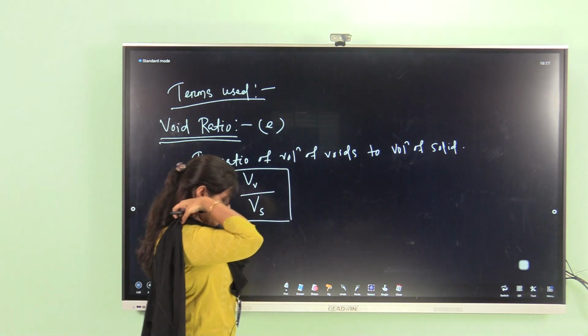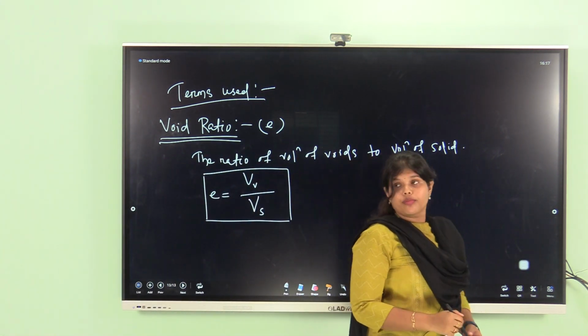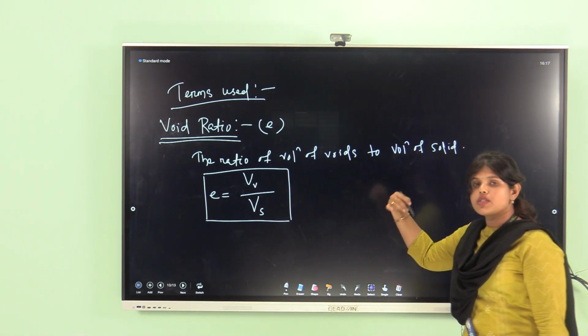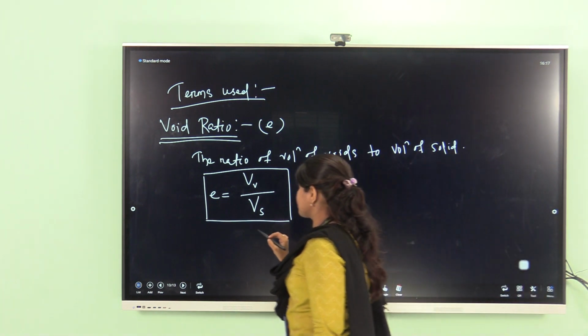Void ratio present in fine grained soil is always more than coarse grained soil.